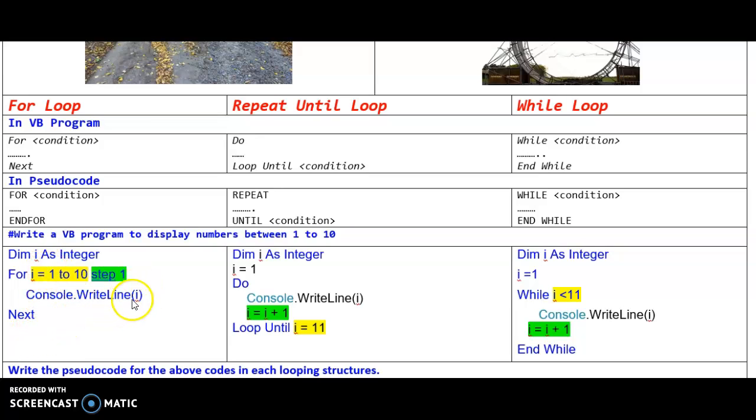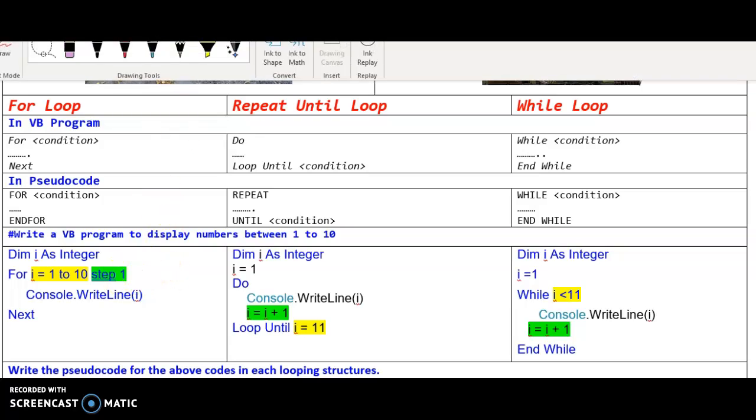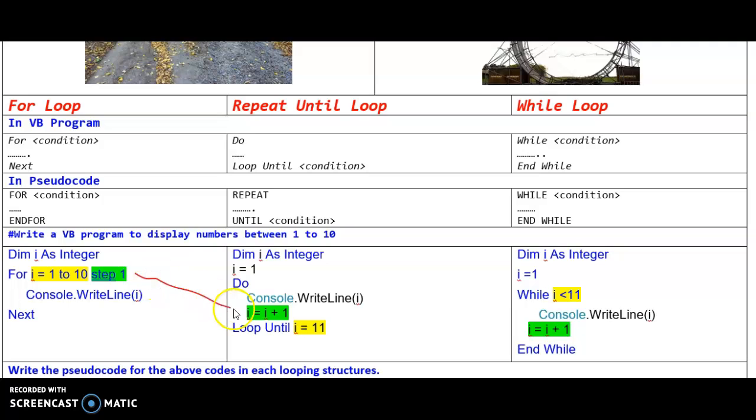Once it is finished, there is a hidden command in the For loop, which is Step 1. Step 1 is equal to I = I + 1. So the value of I gets increased once it is finished.